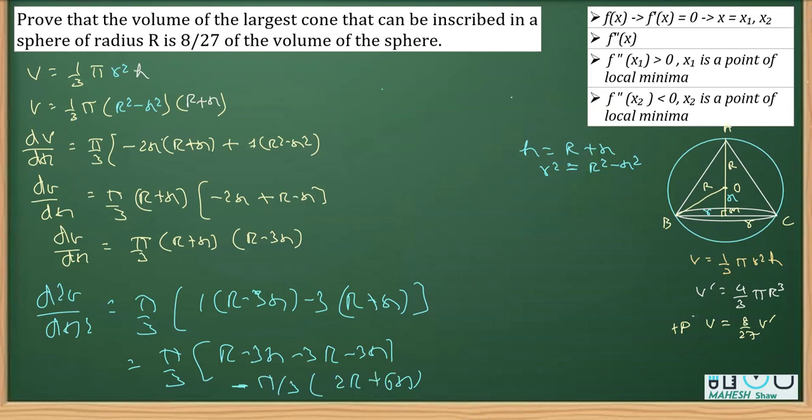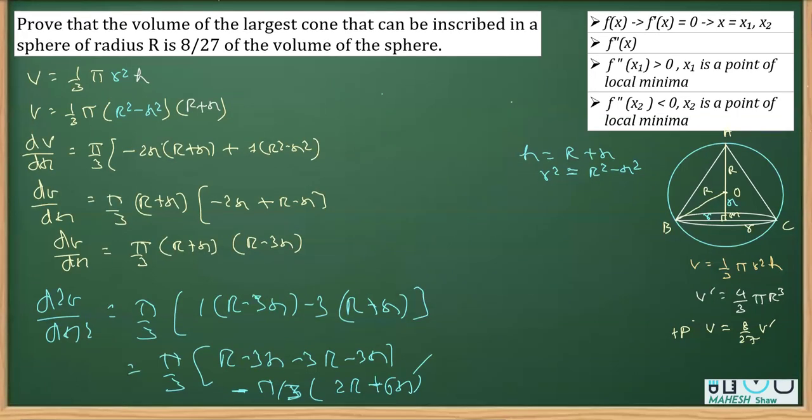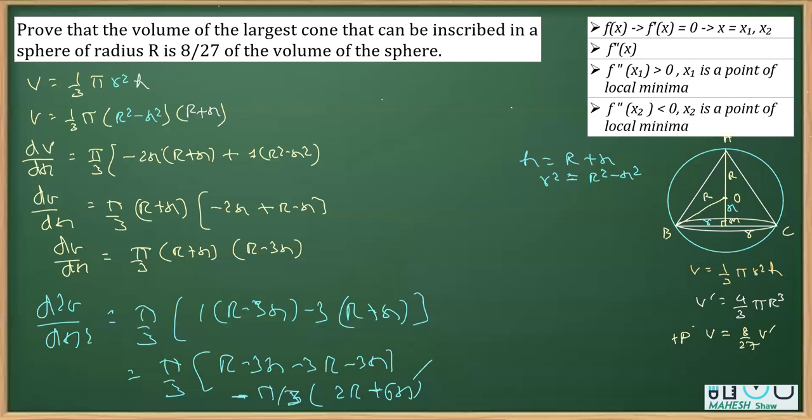Clearly indicating that we are going to get a negative value for any positive value of capital R, which is positive, and any positive value of x here. So this will give you negative. That means we consider this to be maxima.